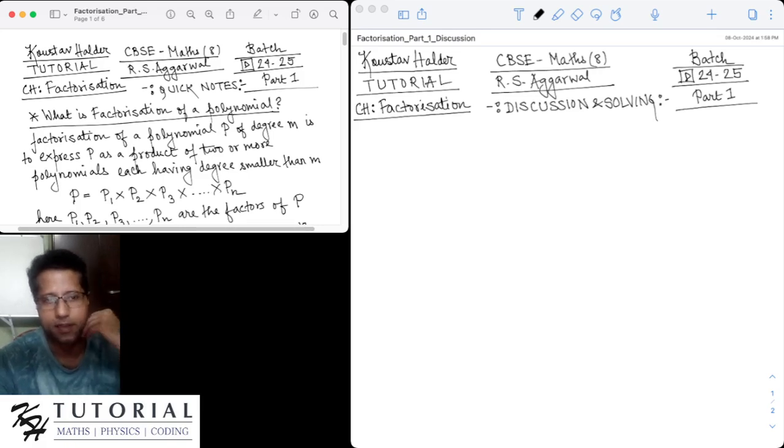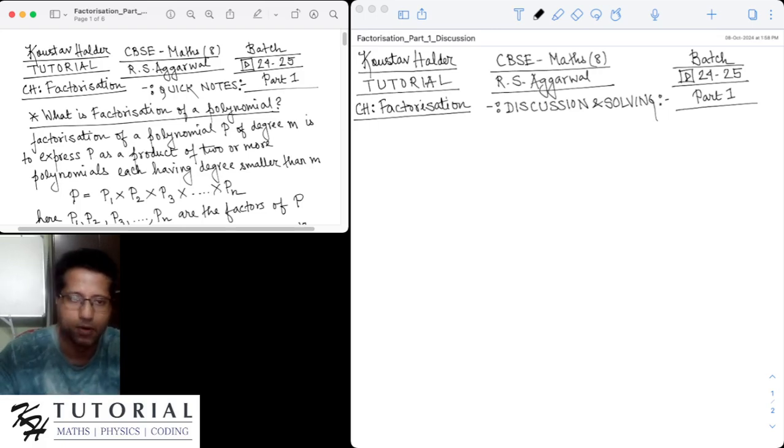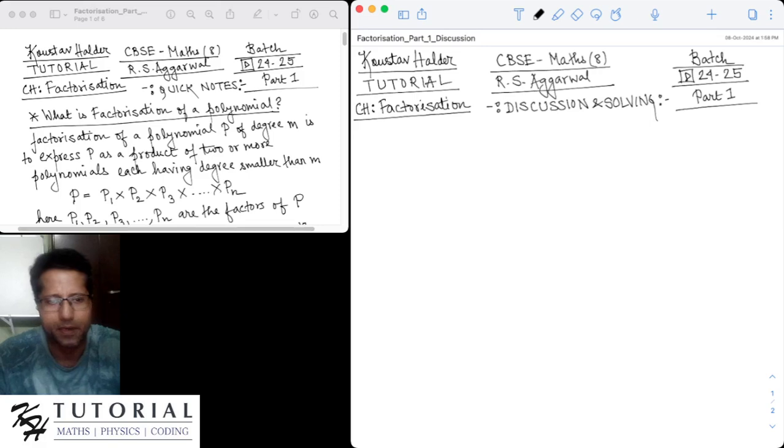So when we say factorize a polynomial, we mean to express the polynomial. Let's say P is a polynomial. As I am speaking, you can follow the notes on the left hand side.